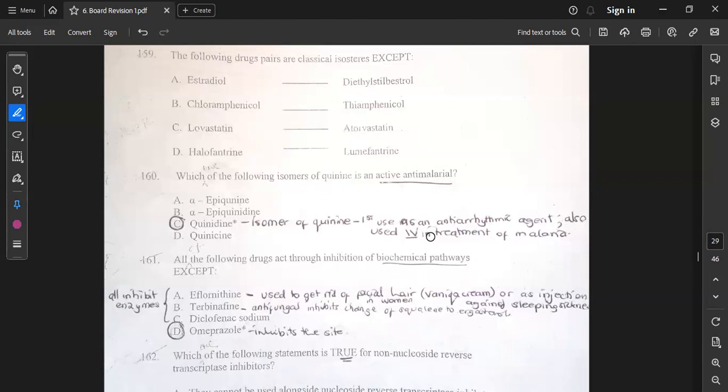The activated form binds covalently with the sulfhydryl groups of cysteines in the hydrogen potassium ATPase, irreversibly inactivating the pump. So it is not a biochemical pathway, it is more or less a site thing.